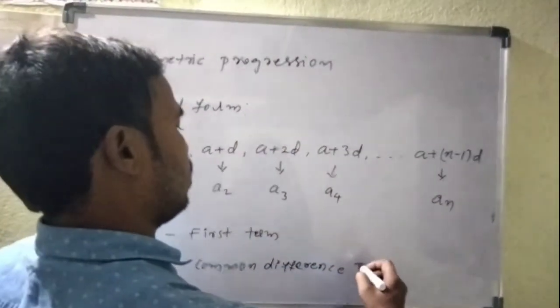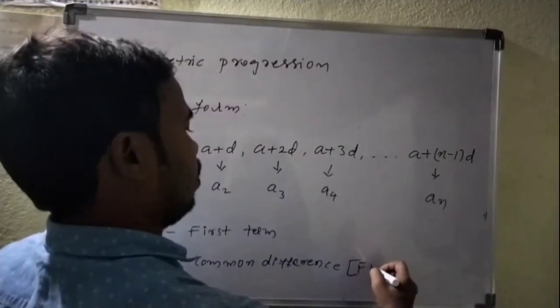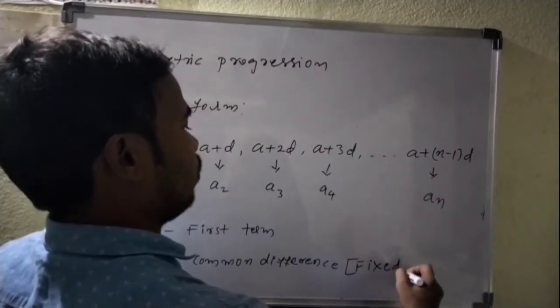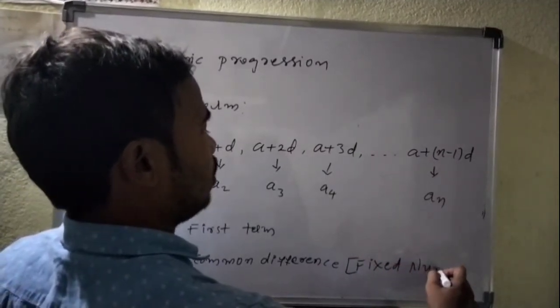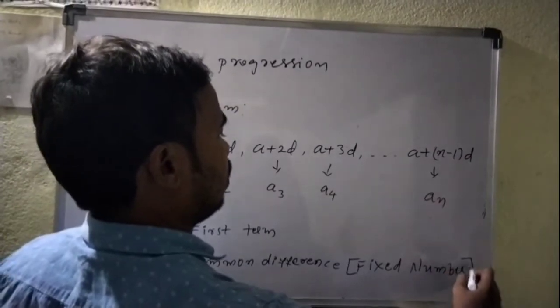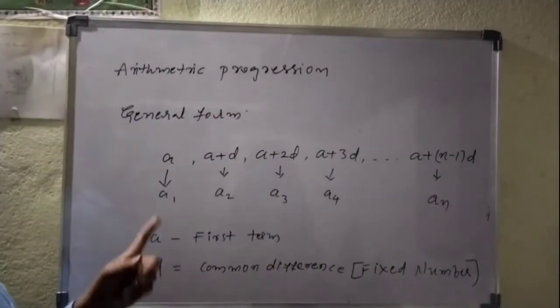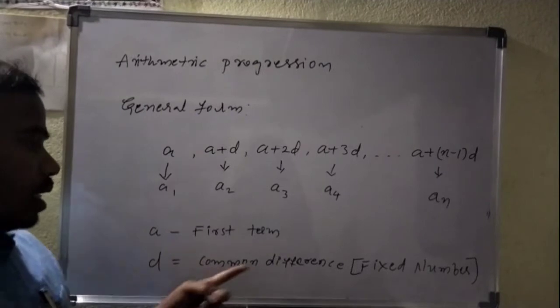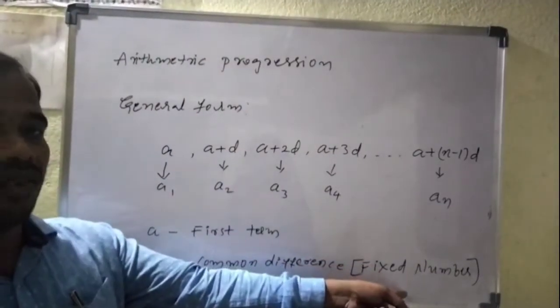In arithmetic progression, it is a fixed number. So clearly a means first term and d is common difference.